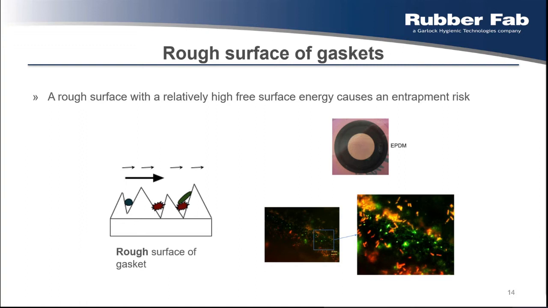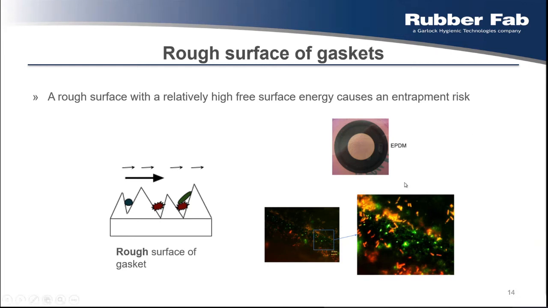You can prove this by having a closer look at one of those standard gasketing materials using a fluorescence microscope. In this case it's an EPDM gasket that was contaminated and afterwards cleaned within a standardized cleaning-in-place process.